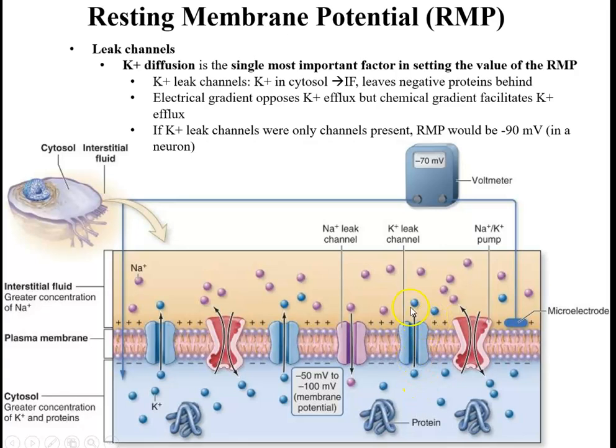But there's much less potassium on the outside of the cell, and that facilitates the movement of potassium from the inside to the outside down its concentration gradient. If the potassium leak channels were the only channels open and present, the resting membrane potential would be negative 90 millivolts in a neuron.